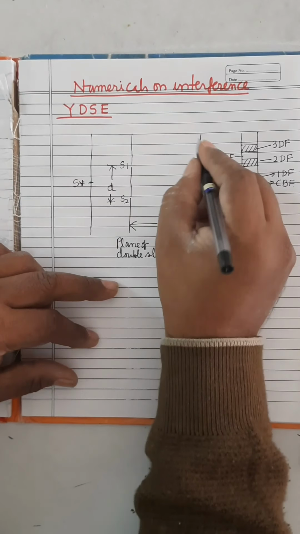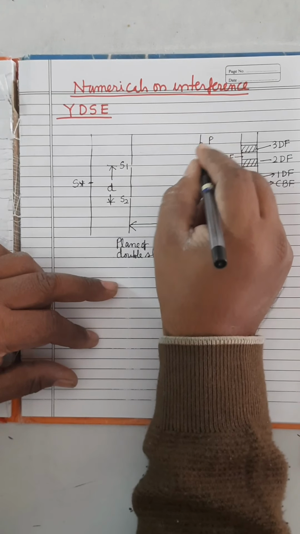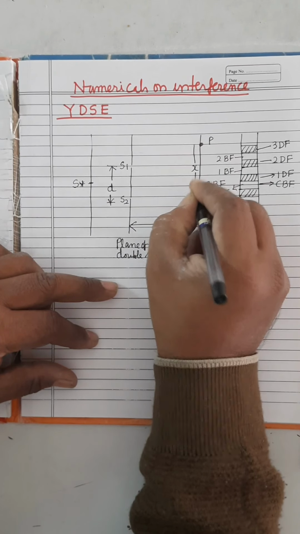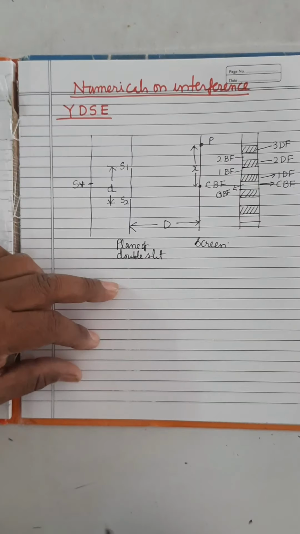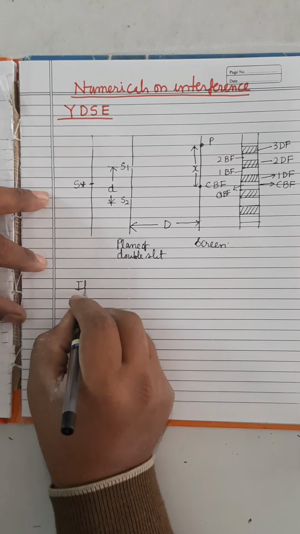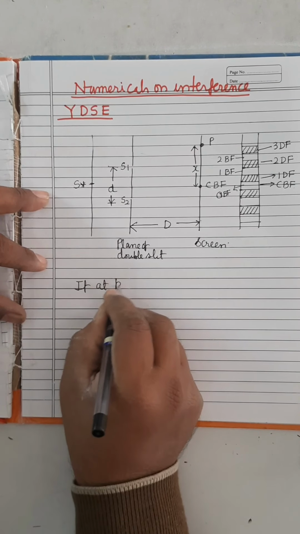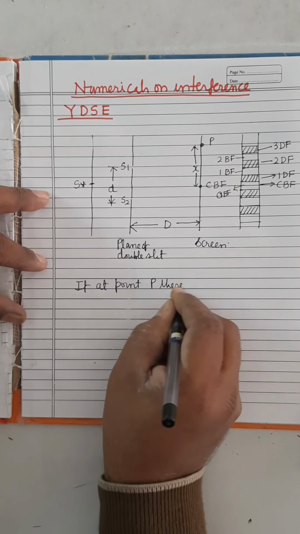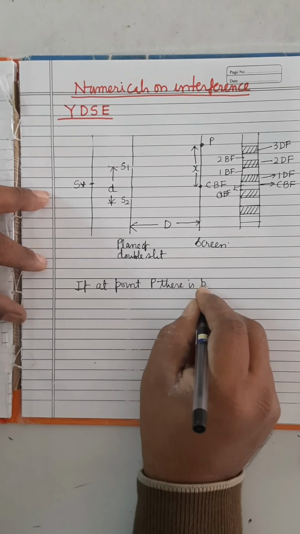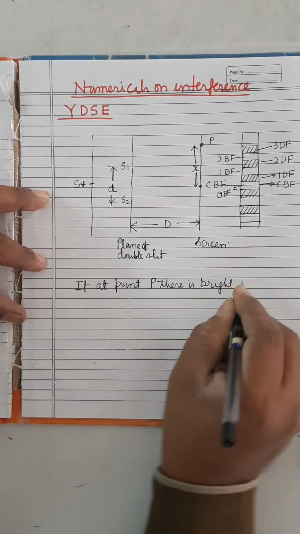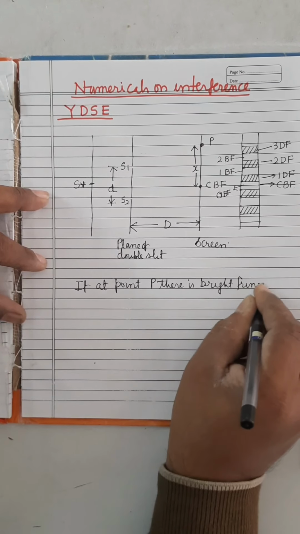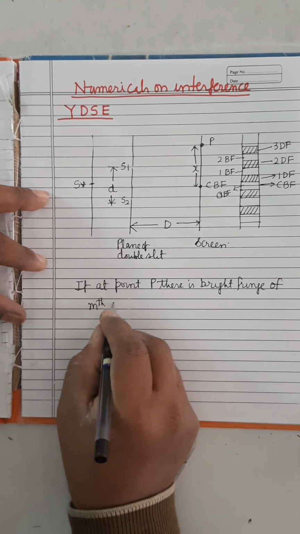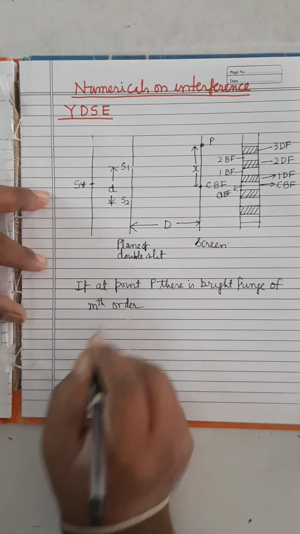Now see here. This is the point P whose distance from the central bright fringe is x. If at point P there is a bright fringe of mth order, then what will be the value of x?